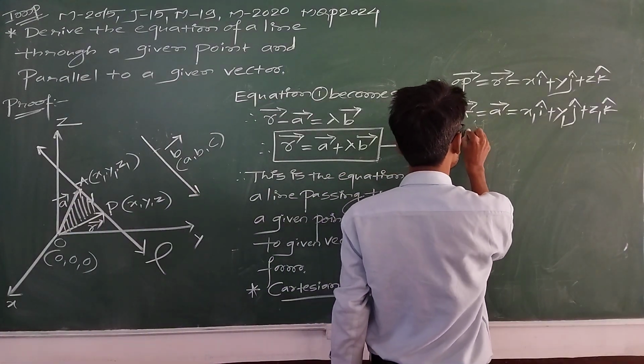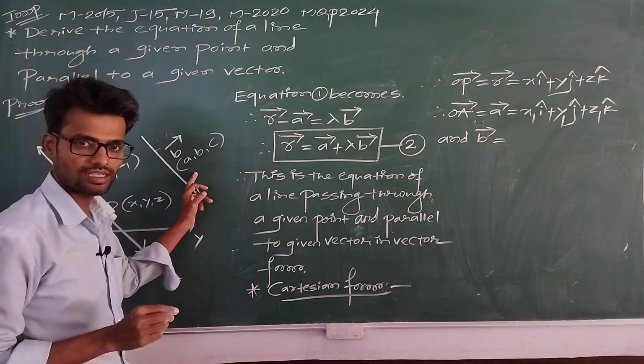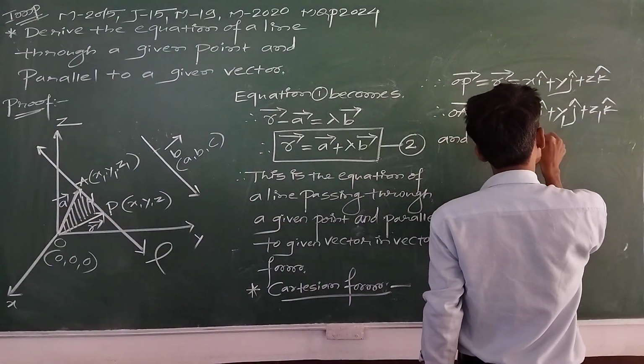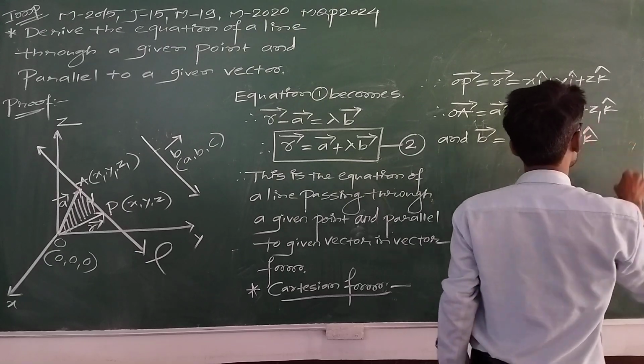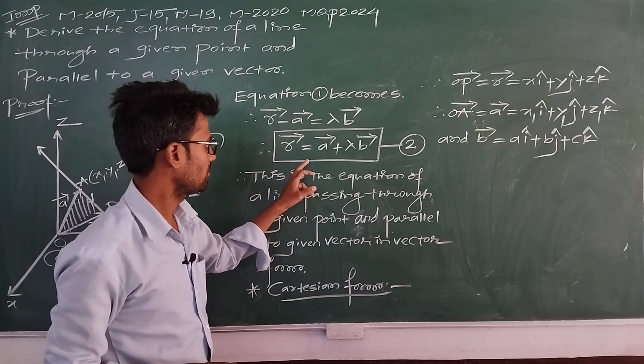And B vector, whose direction ratios are a, b, c, is equal to ai cap plus bj cap plus ck cap.